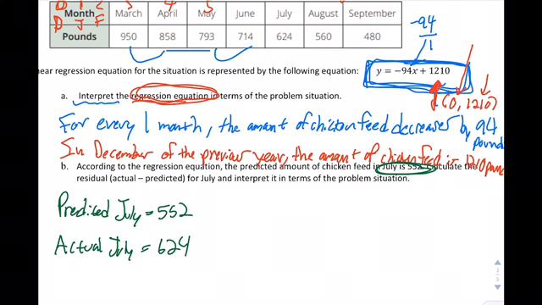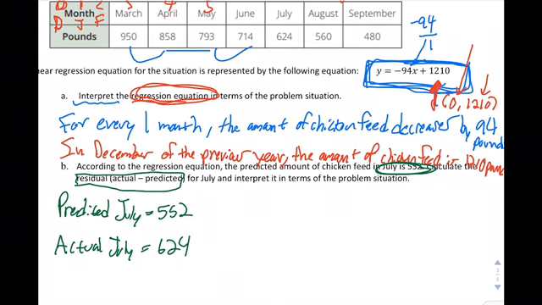The rest of the problem says to calculate the residual, which is actual minus predicted, for July, and interpret it in terms of the problem situation. What it's really asking you to do is just compare these two numbers. The predicted amount was 552. What actually happened was 624. Now the residual will give you a nice number which you can use to describe how off the prediction was.